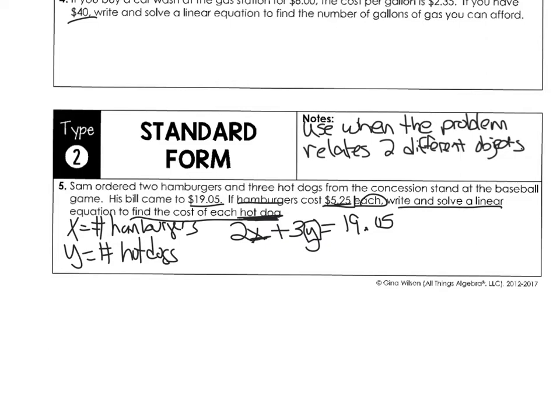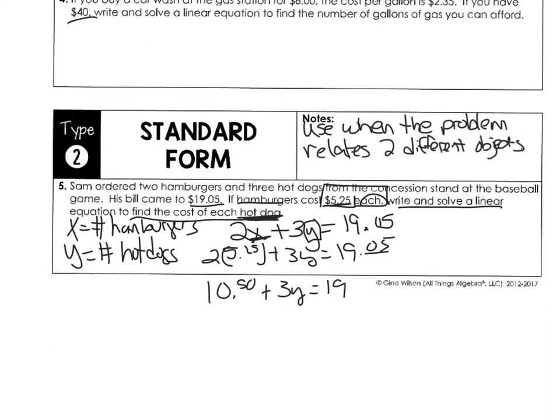So he bought 2 hamburgers at $5.25 each. So we're going to take 2 and substitute X with $5.25, plus 3Y equals $19.05. All right, so 2 times $5.25 would be $10.50, plus 3Y equals $19.05. So we're going to subtract $10.50.